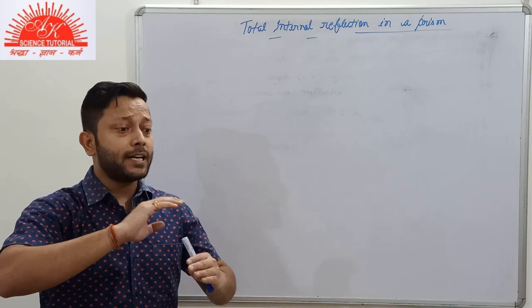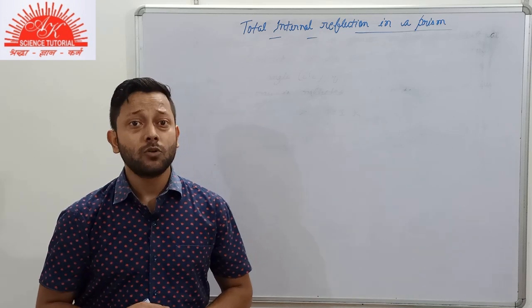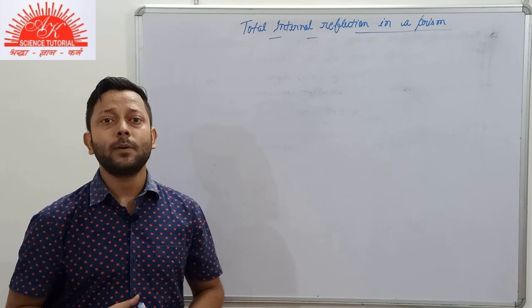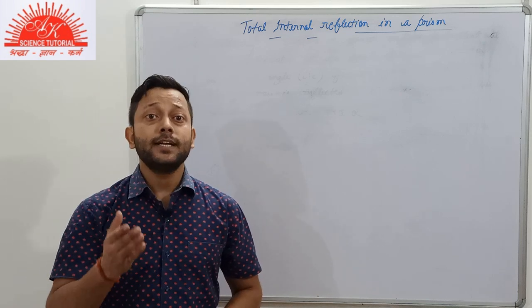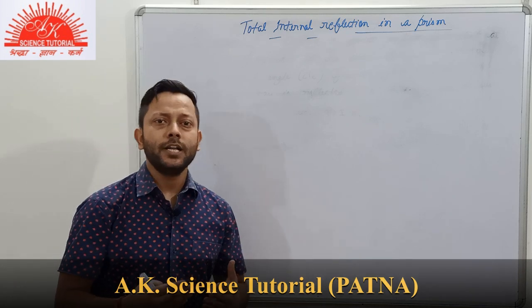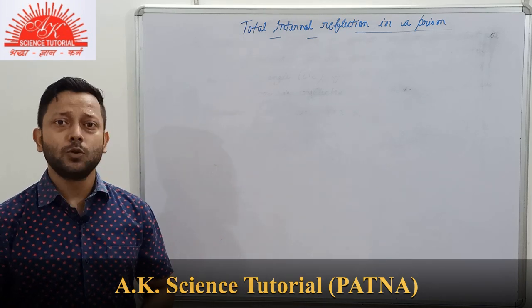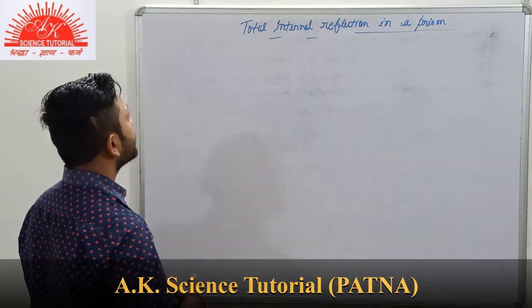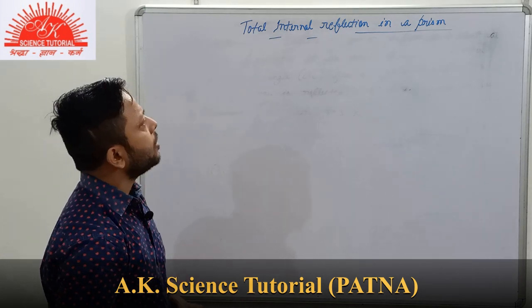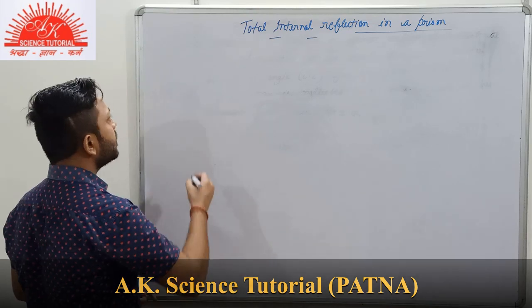And the second condition is that the angle of incidence should be greater than the critical angle. These are the two conditions. You can state them. Now we come back to our topic, total internal reflection in a prism.